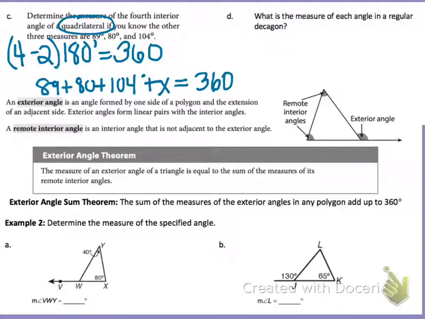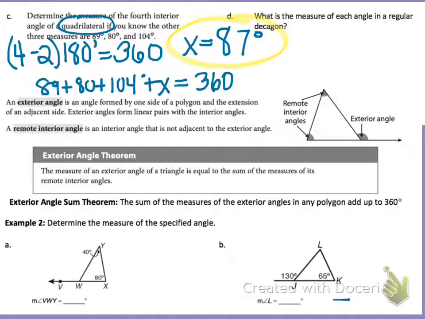So taking away the 3 angles that we do know, which add up to 273, I'm going to subtract 273 from 360. That leaves me with 87 degrees. So that would give me x. So 87 degrees for the fourth angle of that quadrilateral.